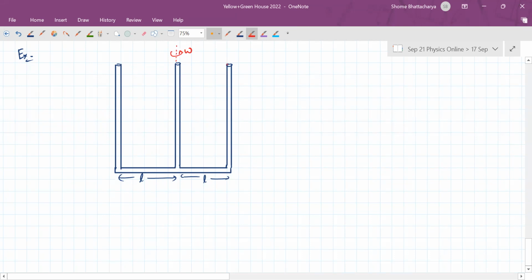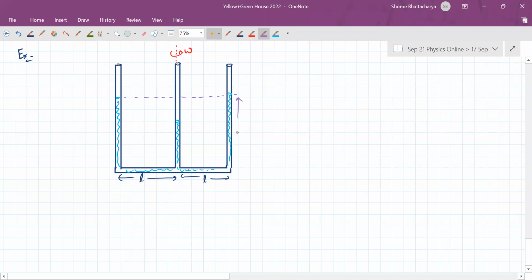And we filled some liquid. What you realize is that because of the centrifugal force acting on the liquid, there's a radially outward pressure gradient. So what we'll observe is that the level of liquid in these two will be equal, but the level in the tube which is coinciding with the axis will be less.